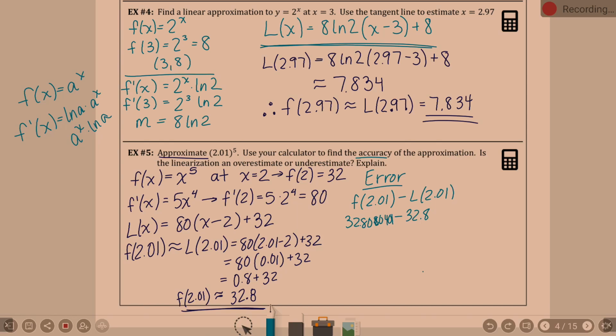You subtract those. We're getting 0.008. Okay. 0.008 0401. Do I really need all these places? No. Okay.